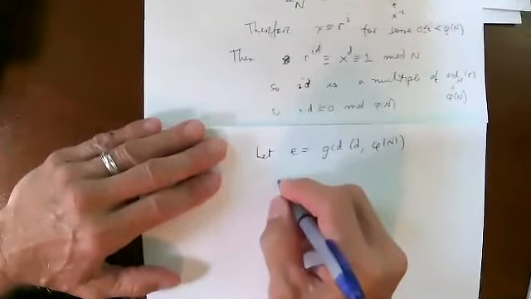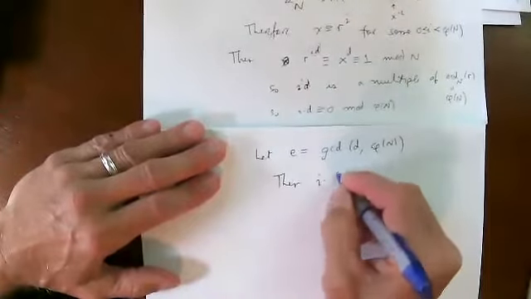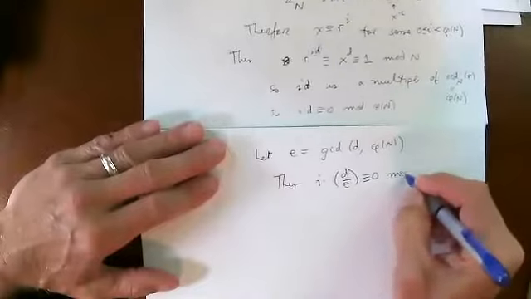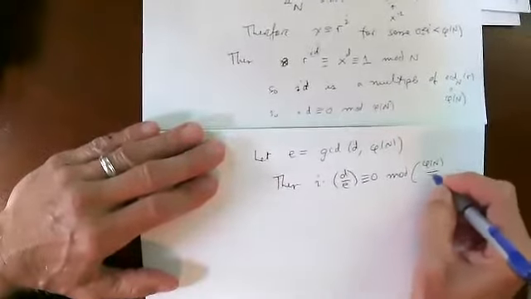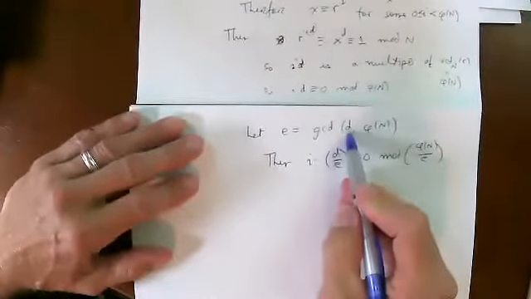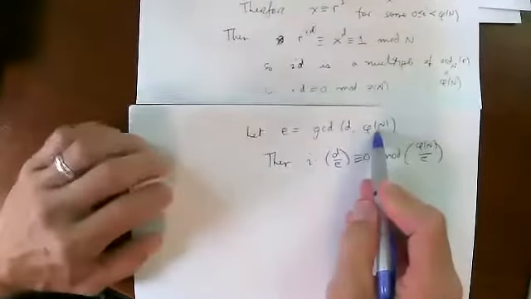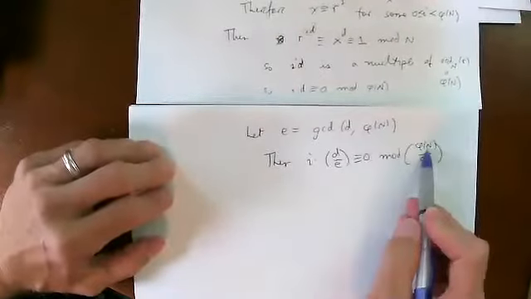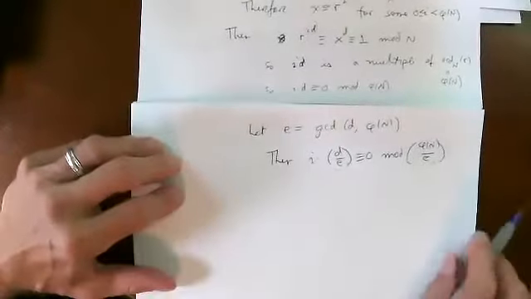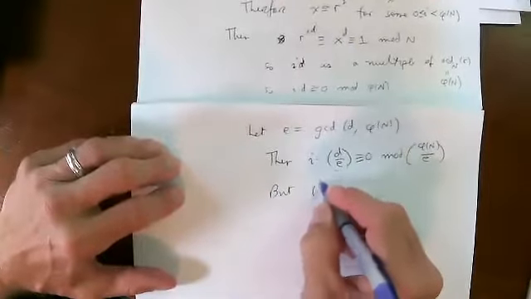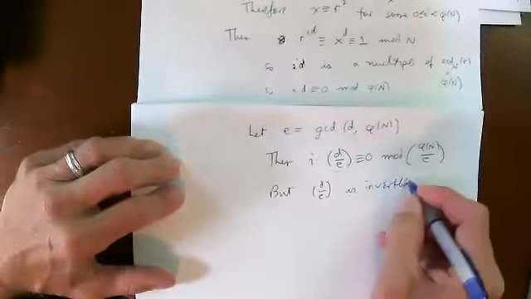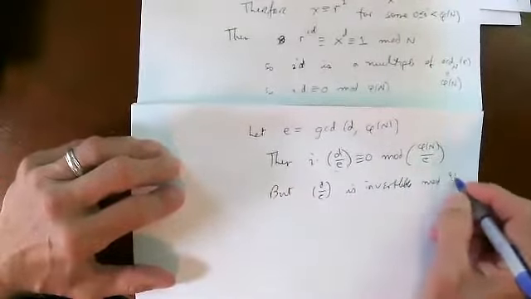So then what you would get is that i times d over e has to be a multiple of phi of n over e. But now e was the greatest possible common divisor between d and phi of n, and when I divide both of those things by their common divisor, now I've got two other integers that have no common divisors left. So that means that d over e is invertible modulo what's left of this modulus.